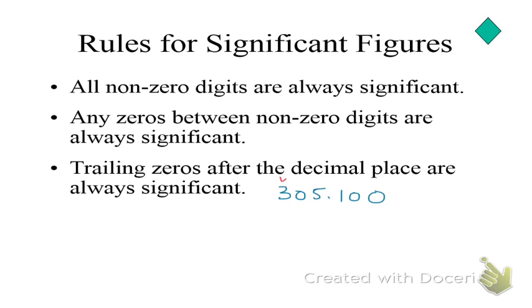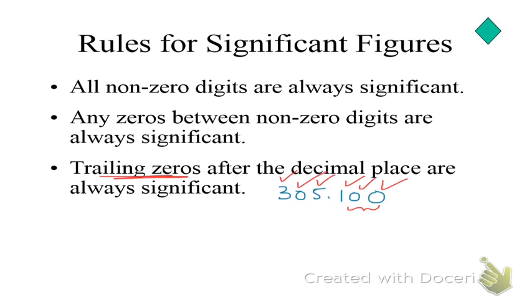According to Rule 1, those are significant. According to Rule 2, that 0 is significant. And this third rule says these are trailing zeros after the decimal, and those are also significant. So I'm looking at 6 significant digits. Notice I use the word digit: significant figures and significant digits are the same.